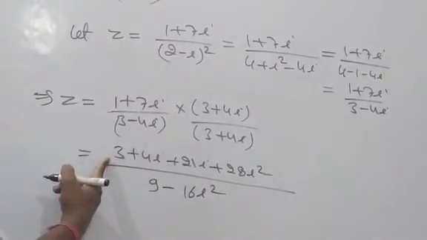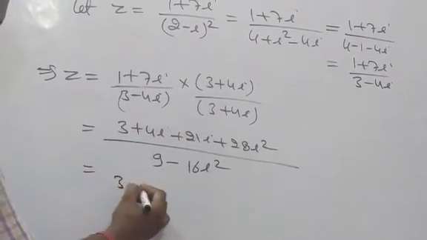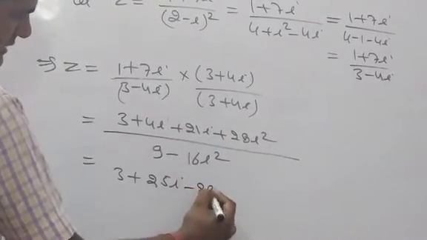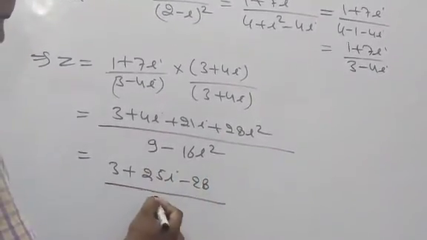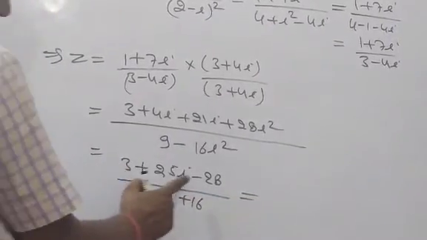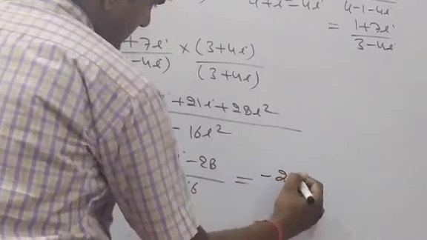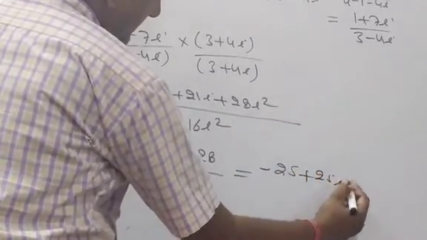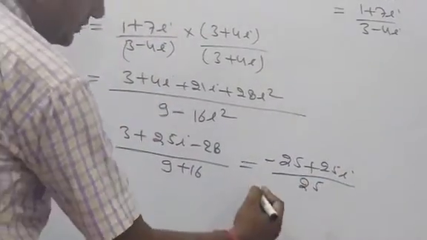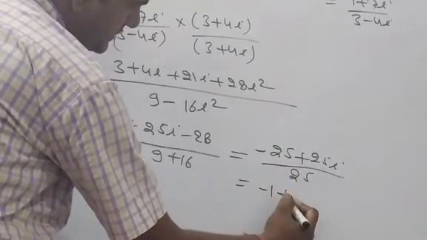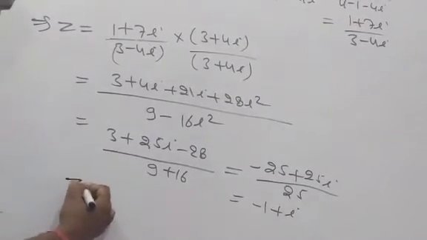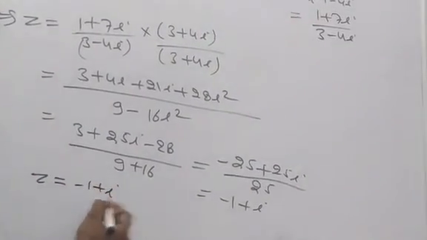So 3 plus 4i plus 21i, that is 25i, minus 28, whole upon 9 plus 16. That is 3 minus 28, which is minus 25 plus 25i, upon 25. Now divide by 25: minus 1 plus i.